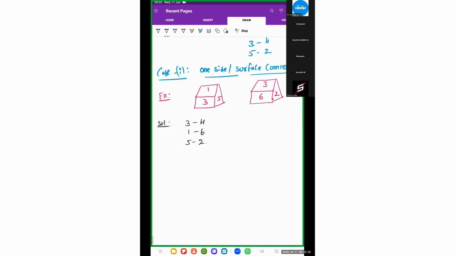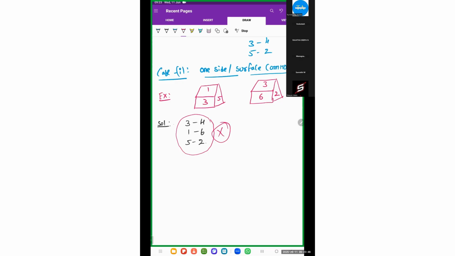But here 2 dice are given. So 3 opposite to 4 and 1 opposite to 6 is wrong. Then what is the correct one? I will tell you.